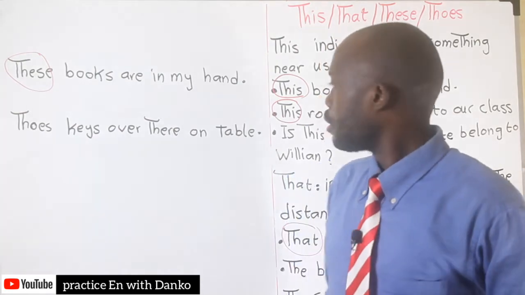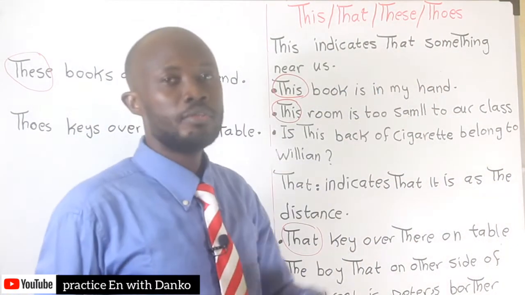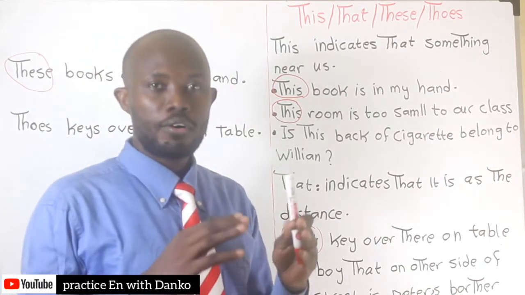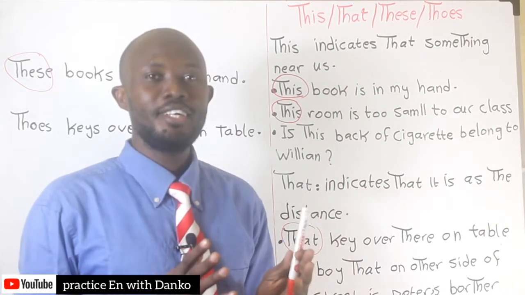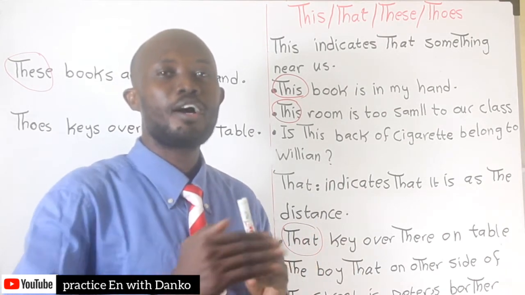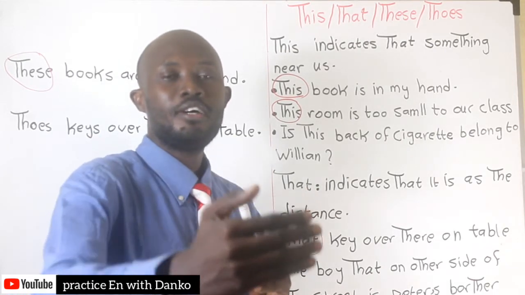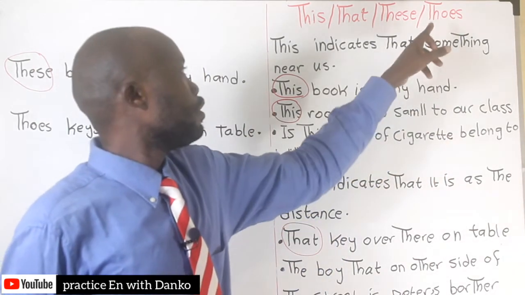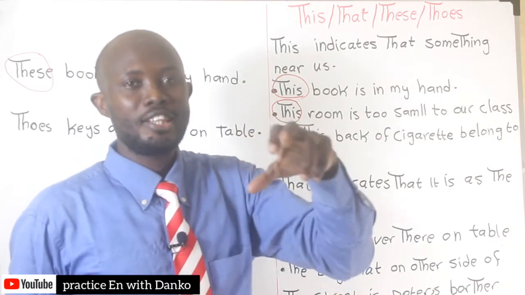Alright, so what about those? Those indicates plural things, but those things could be far away from you. There's a distance. So here use those to indicate these things.